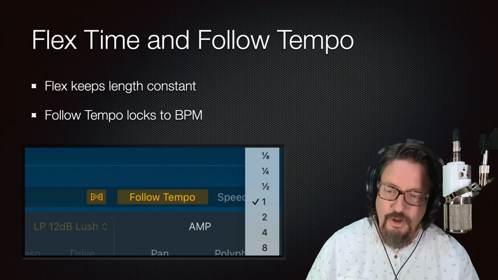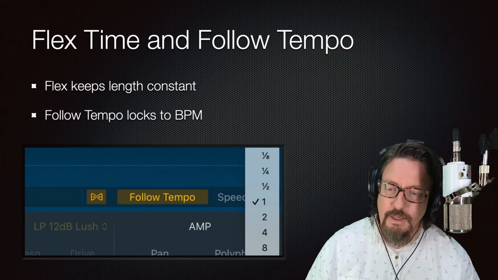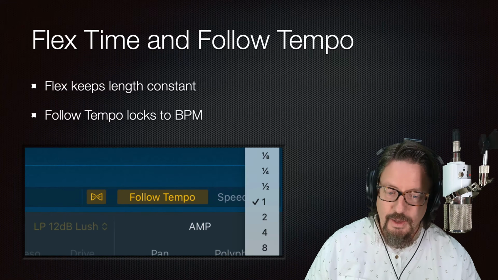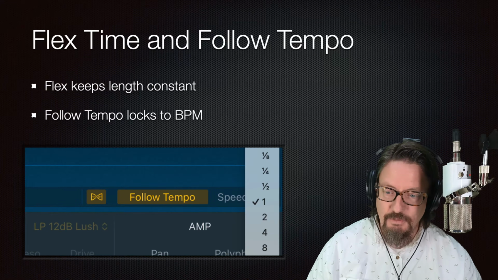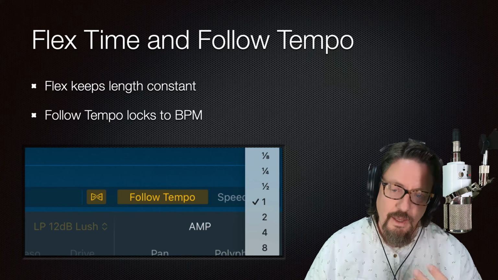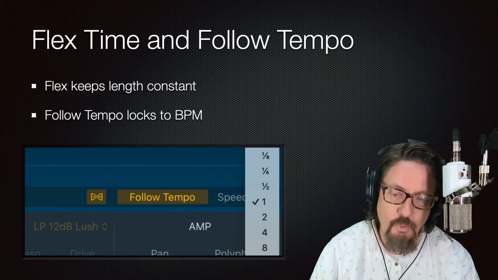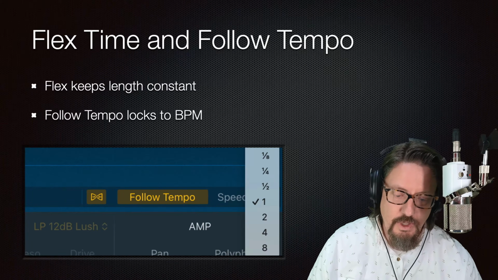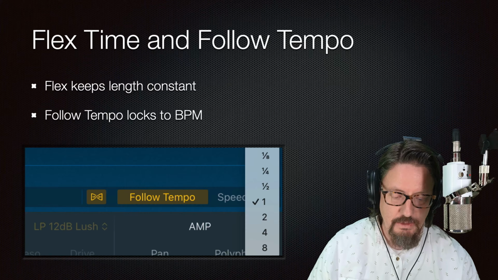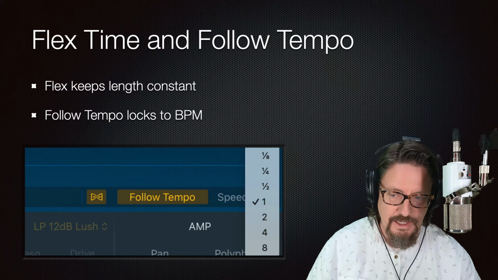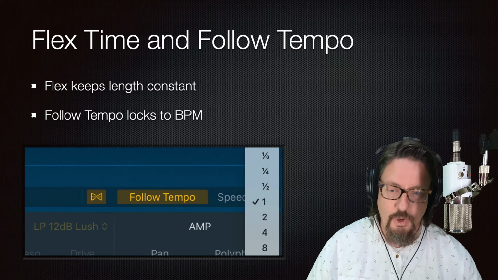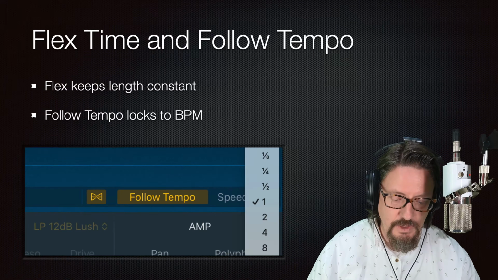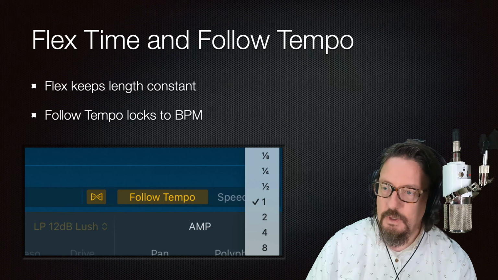And then we can also have a follow tempo, so that if we have an analyzed sample that we're working with, and then we have a faster tempo, it'll play at the faster tempo or the slower tempo. And then we can do any subdivision of that: 1, 2, 4, 8, half, quarter, or eighth. And those are nice creative tools. So if you have a drum thing you're doing, it's inside the tempo, but maybe we want to have it be like a slower speed version. We can slow it down without having to change the tempo.